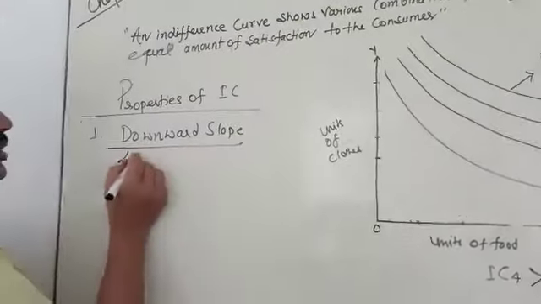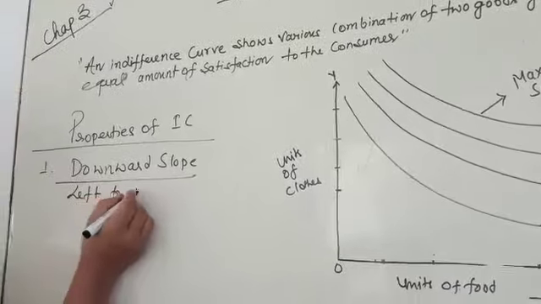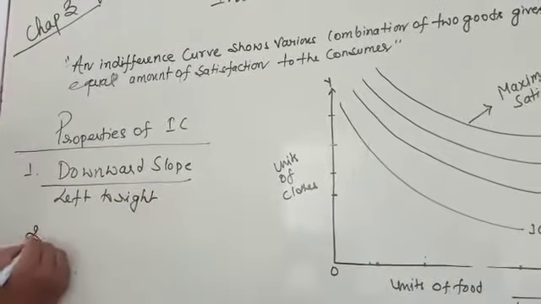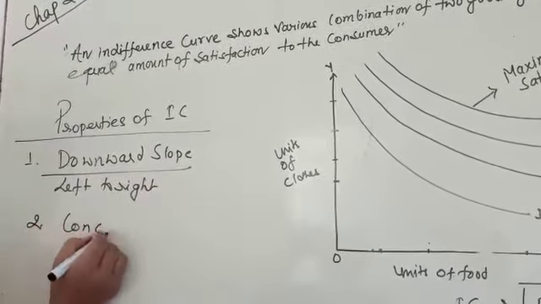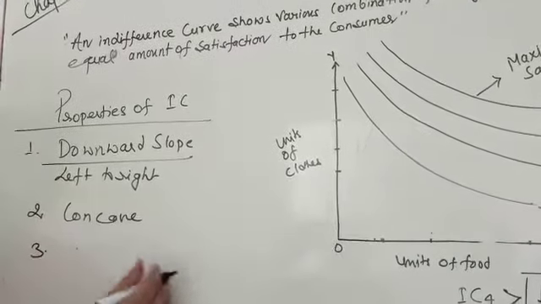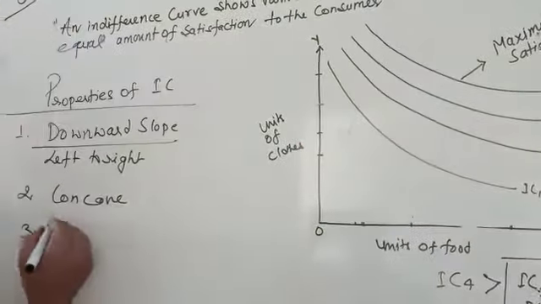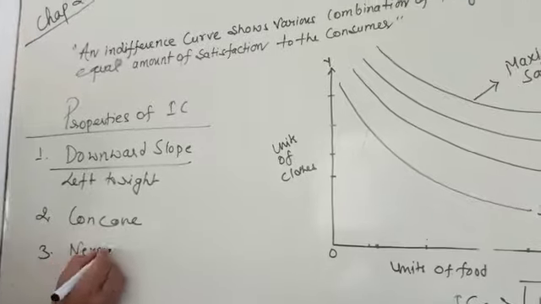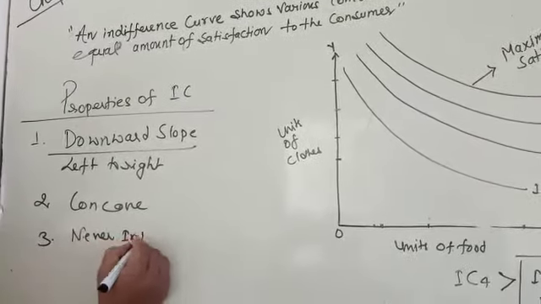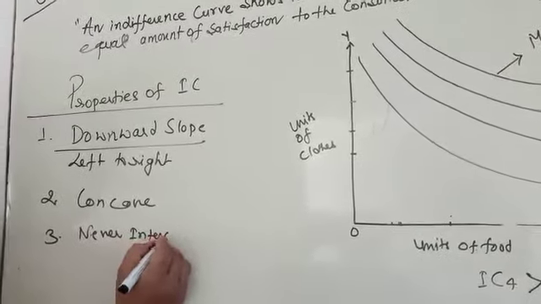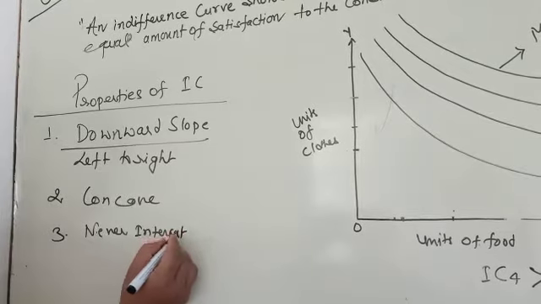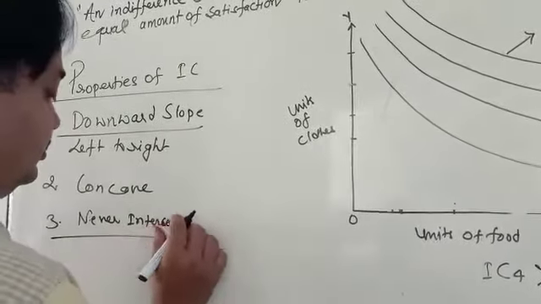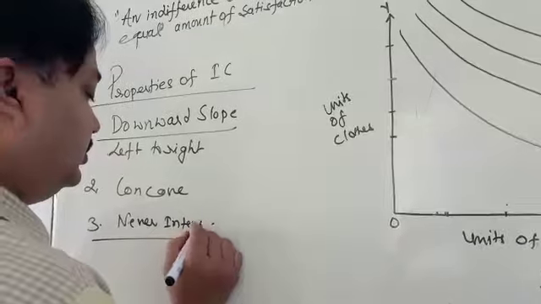You can write that, left to right. The second property is that it is concave. The third property is that it never intersects.